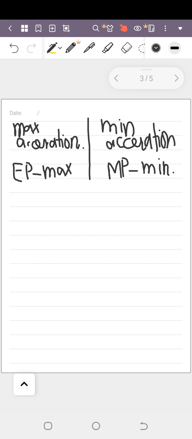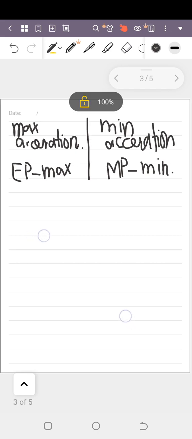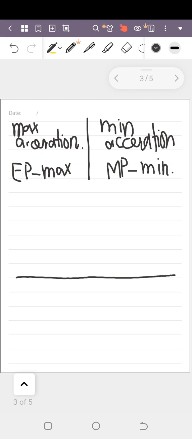Now let me tell you the whole summary of displacement, velocity and acceleration in simple harmonic motion. Here we have one line. This is the mean position. This is an extreme position.